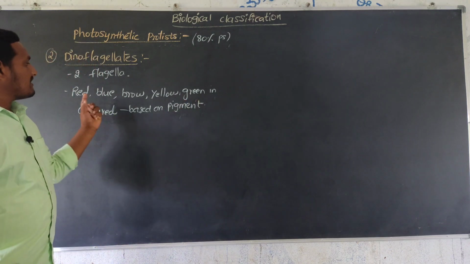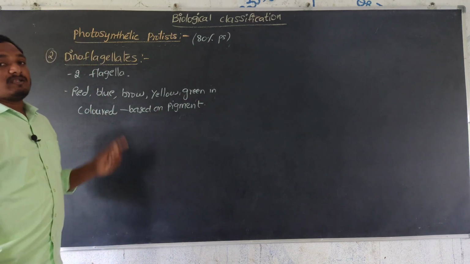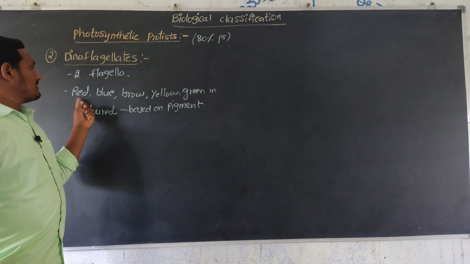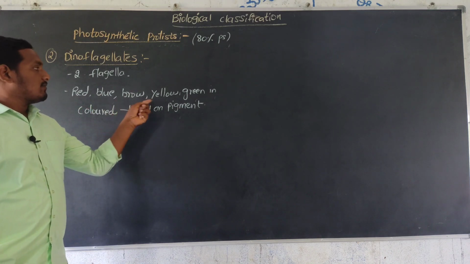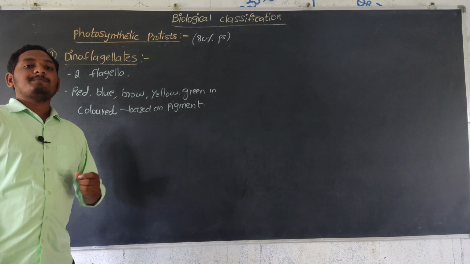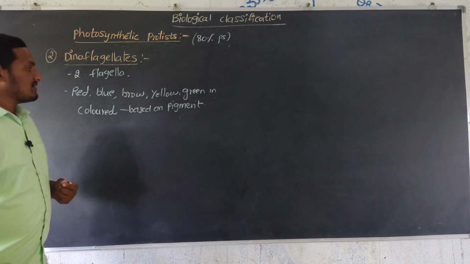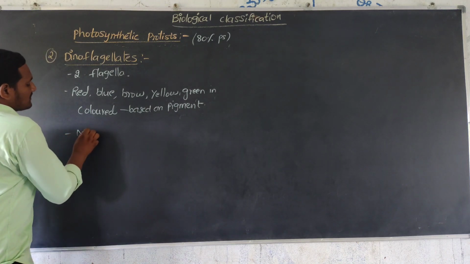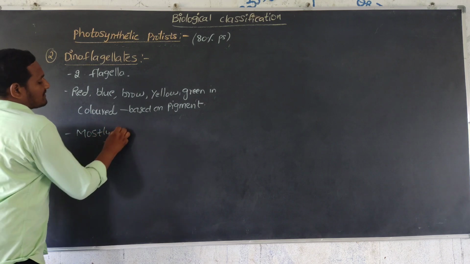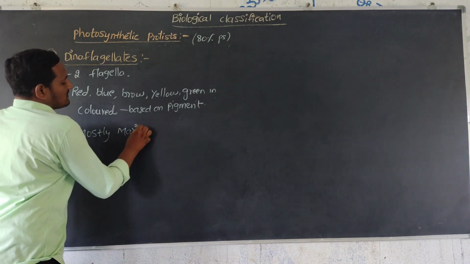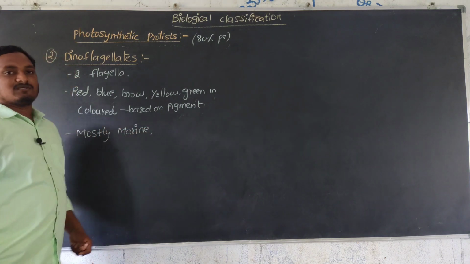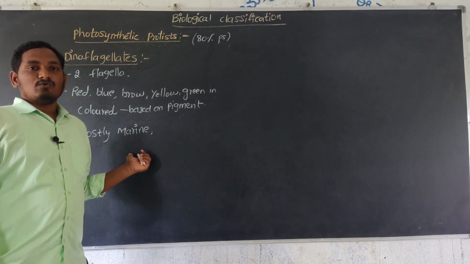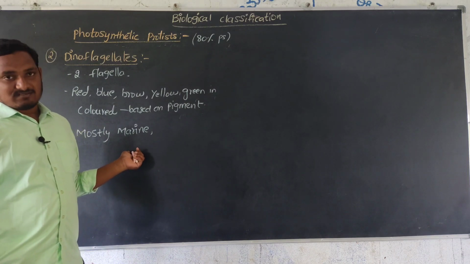Based on the pigment they differ in color. They are mostly marine, meaning mostly found in oceans and salty water.